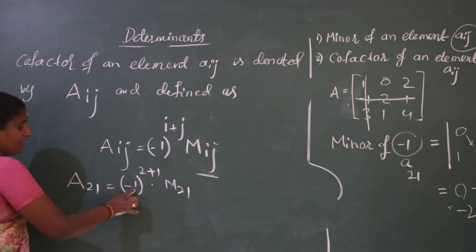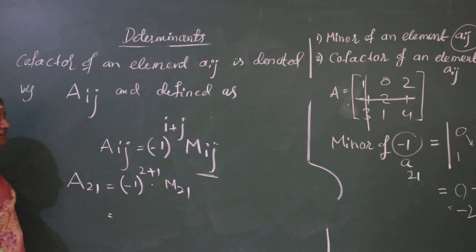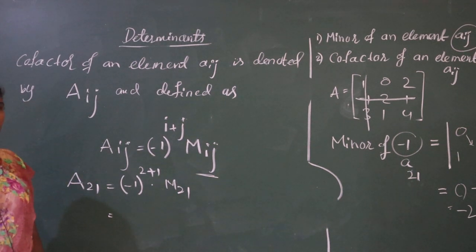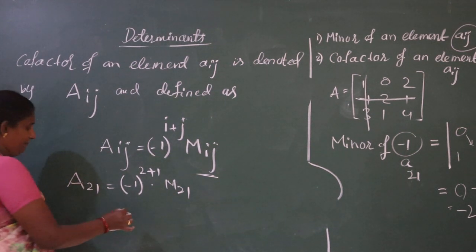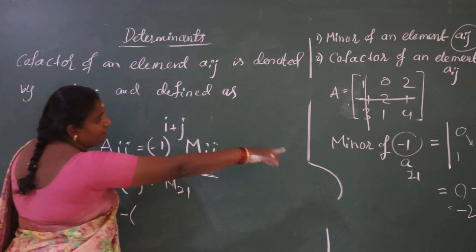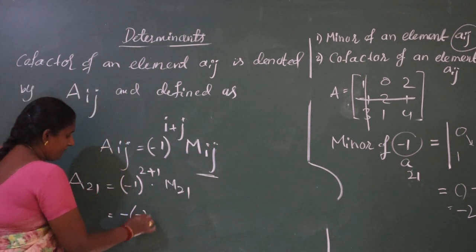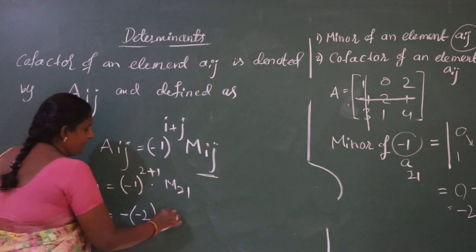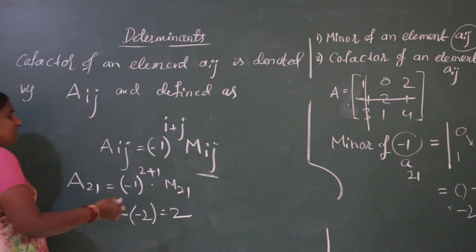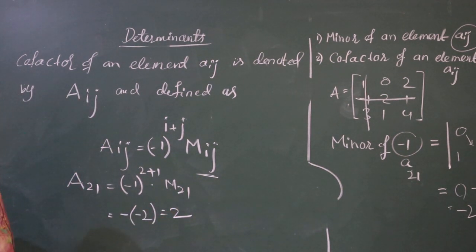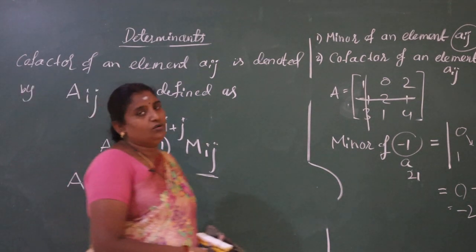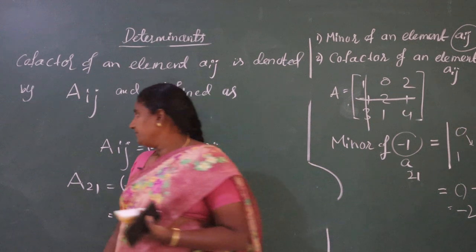Minus 1 whole power 3, minus 1 whole cube, how much? Minus only. And M21 we calculated as minus 2. So minus of minus 2 is plus 2. This is capital A21. Like this we can find minors and cofactors. Got it?